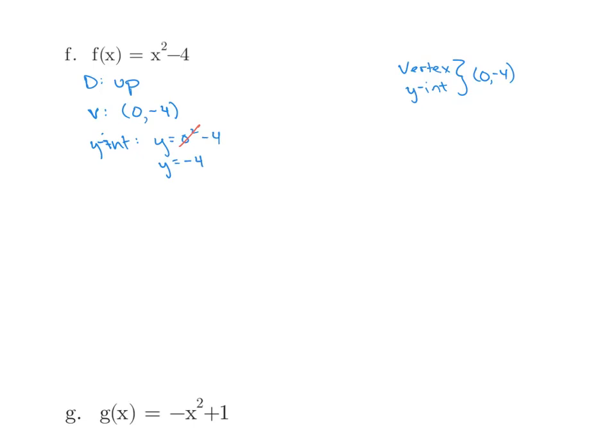If we plug in 0 for y, we get 0 equals x squared minus 4. You can solve this using factoring or the square root method. I'm going to use the square root property, so I'm going to add 4 to both sides.